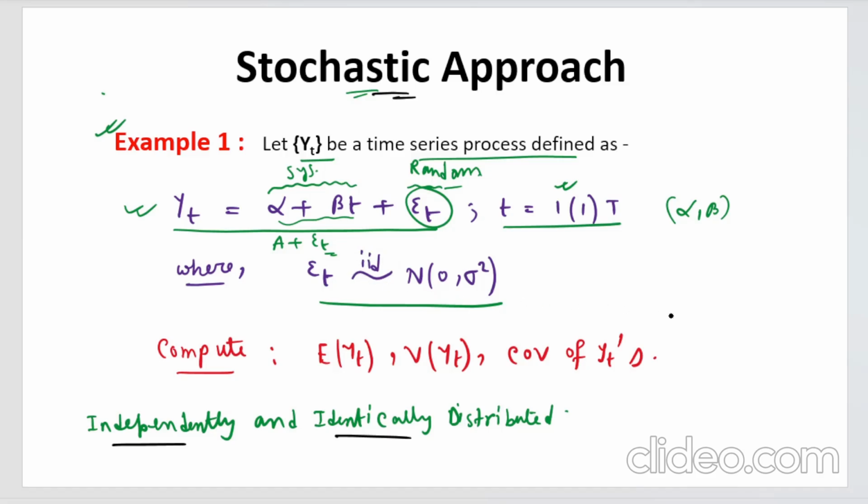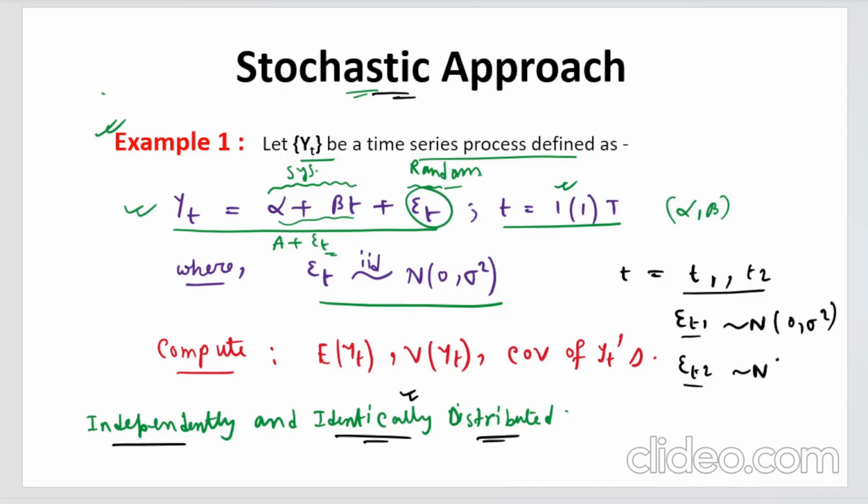What is IID? Suppose you are considering only two time points t1 and t2. So we have a value of epsilon t1 and epsilon t2. Now, what does identically distributed mean? Identically distributed means these epsilon t1 and epsilon t2 both will follow the same distribution, normal 0 sigma square. As simple as that.